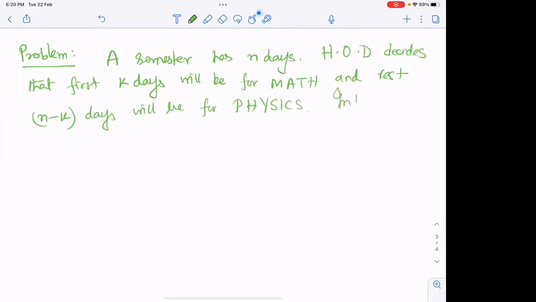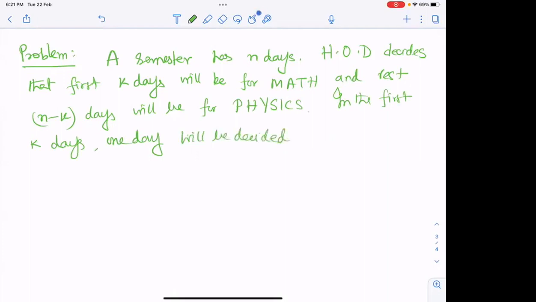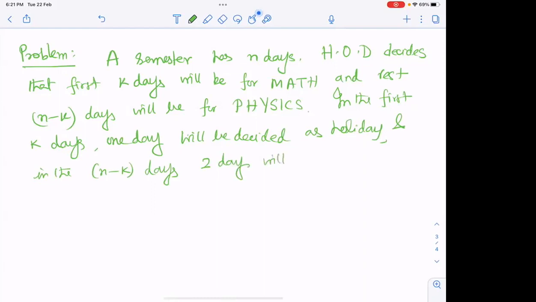And in the first K days, one day will be decided as holiday, and in the rest, the n minus K days, 2 days will be decided as holidays.